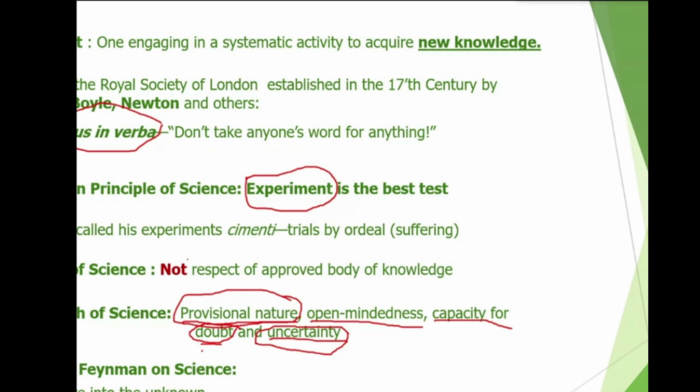Now, Richard Feynman has commented on science, and you can see: adventure into the unknown, an unknown that must be recognized as unknown in order to be explored, and that is the humility of the intellect, which means that you have to realize that there are lots of things which are unknown. We have to embrace that in order to explore it and then finally get to a point where we know about it.